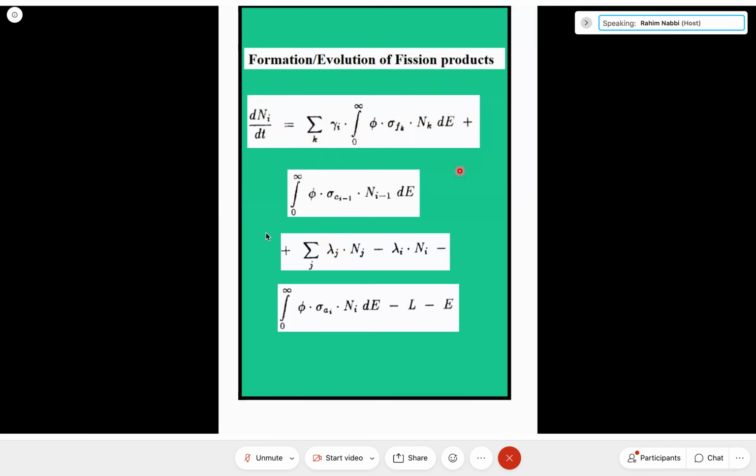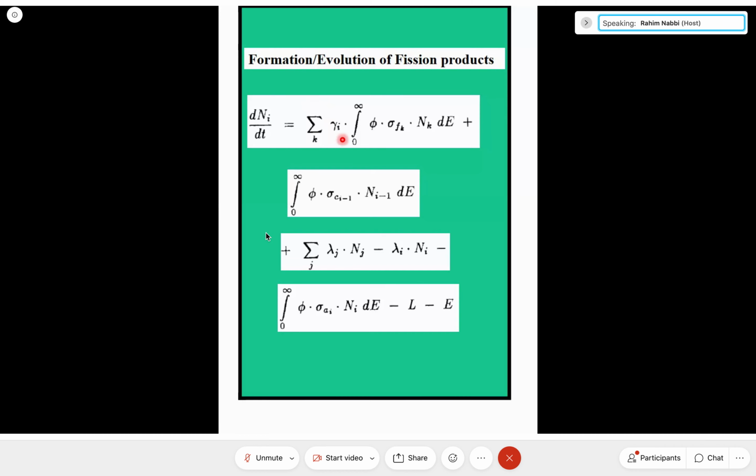But if we make 100 fissions, many different fission products are produced. One of them is Ni, and that could be samarium, xenon, molybdenum, different ones. Each, as a result of a fission process, takes place with a yield, the fission yield.